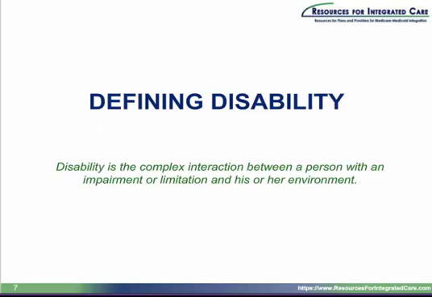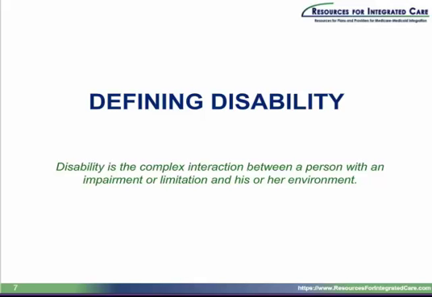Most people have viewed disability as a medical condition, such as blindness, spinal cord injury, and others. Over the last couple of decades, this definition has evolved to reflect the one on the screen, focusing instead on the impact upon those living with a disability.